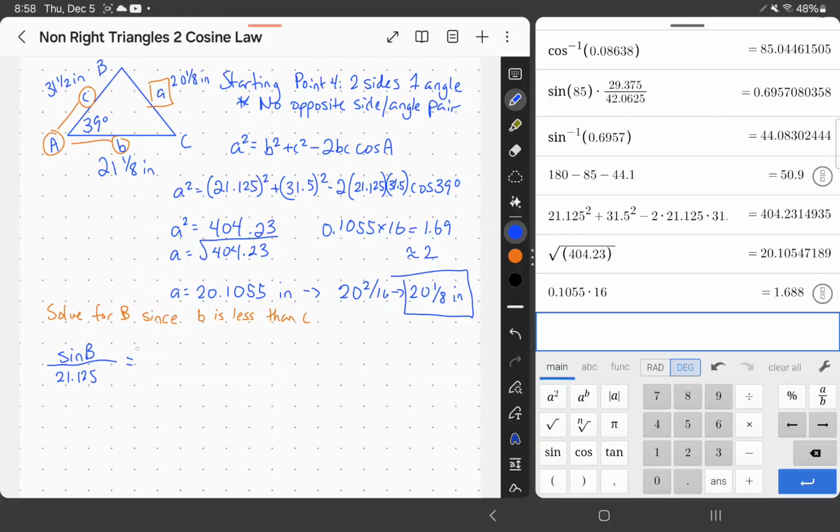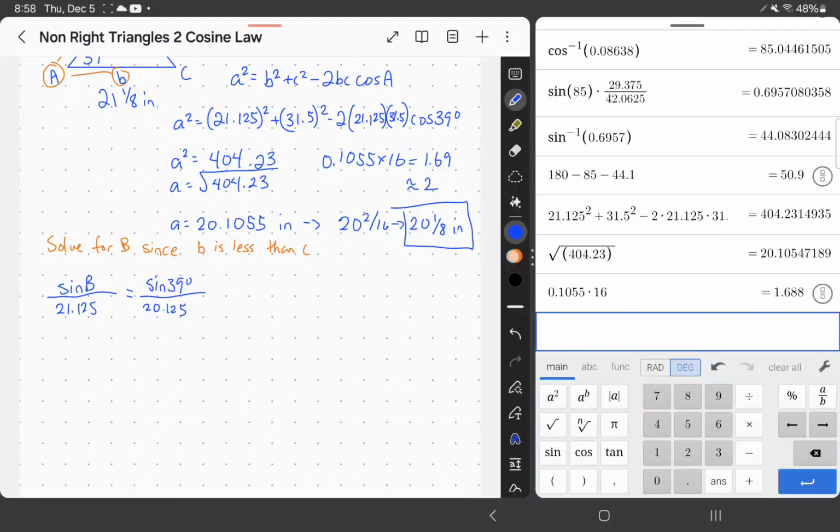So it's sine of 39 degrees divided by 20 and an eighth, which is 20.125. Just predicting here, since those sides are very similar, with the 21.125 and 21.25, we should predict that angle B should be pretty close to 39 here.